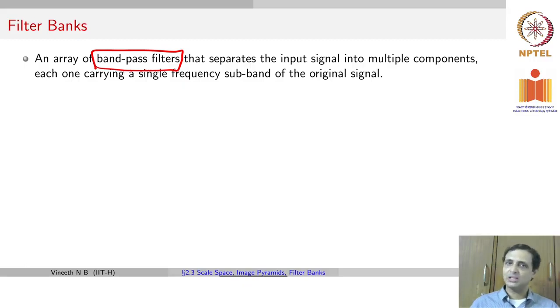We can also do the opposite to get low frequency components by doing Gaussian smoothing. At this point, by band pass filters, we are saying that we want only certain set of frequencies to pass through, and we're going to use a bank of such filters to be able to separate the input signal into multiple components, each one carrying a certain subband of your original signal in the image, and that can be used to represent the texture in your image.